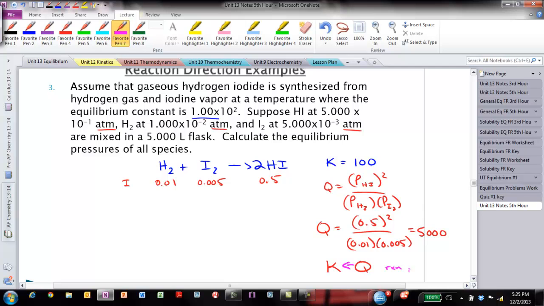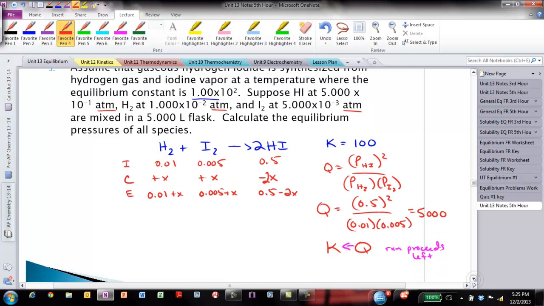Okay, so if I go up into my change line, I'm going to be going to the left, so I'm going to be minusing 2x, and then adding x. And then my equilibrium line is 0.01 plus x, 0.005 plus x, 0.5 minus 2x.